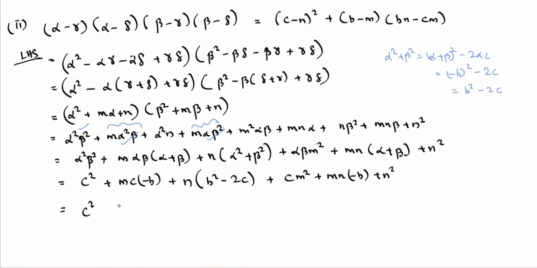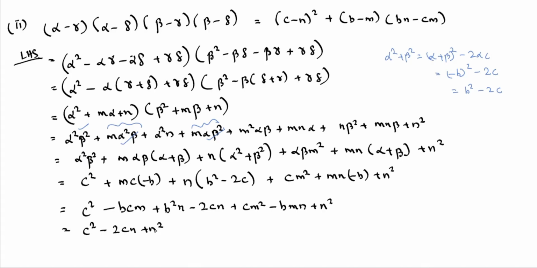To do that, I need to expand this. So let's have it minus bcm, put it in the alphabetical order, plus b squared n minus 2cn plus cm squared minus bmn plus n squared. So I can have c squared here minus 2cn plus n squared.